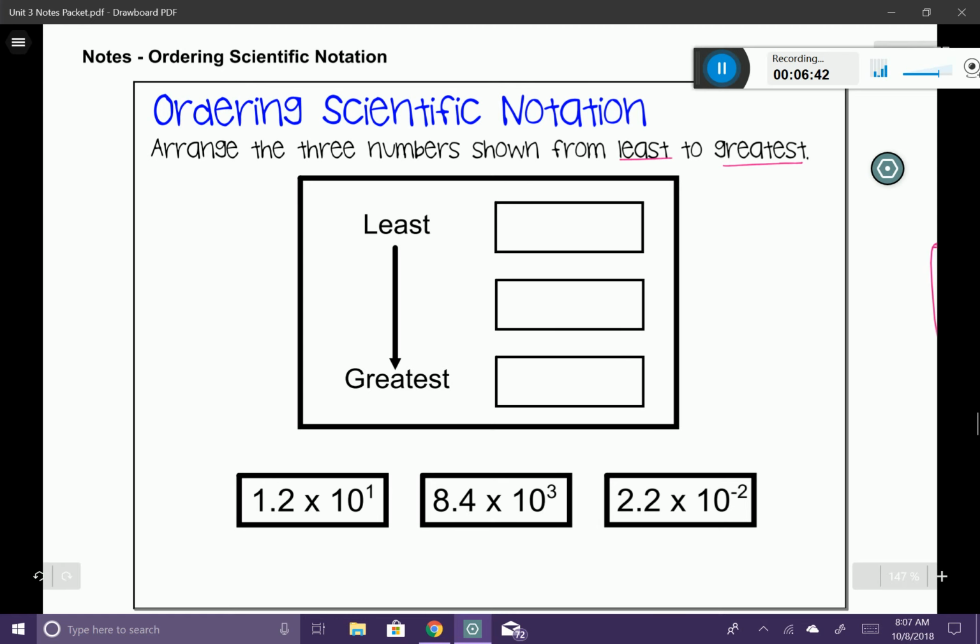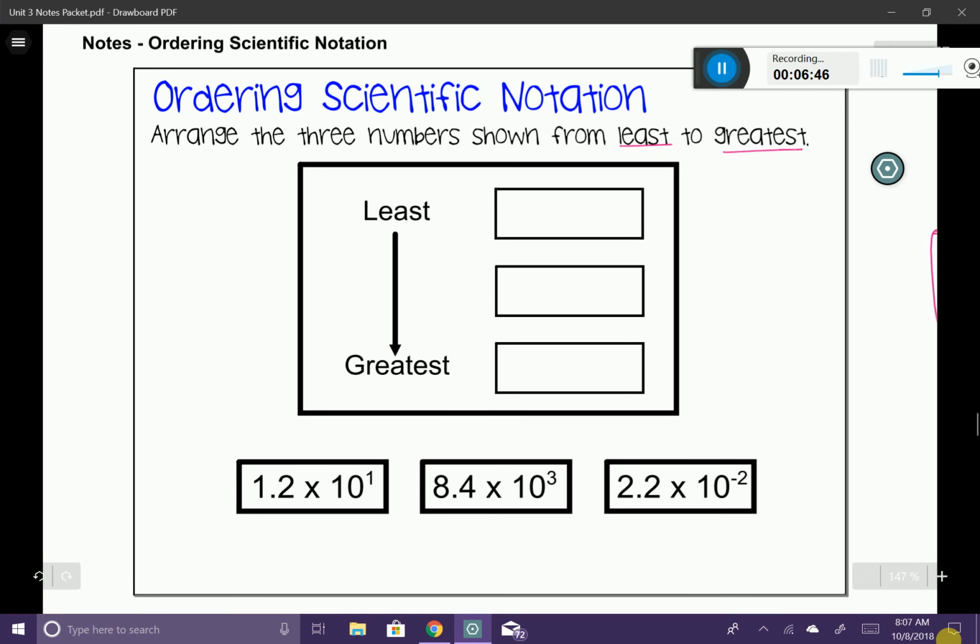All right, here we go. Let's go ahead and just do that little trick. Let's just look at the exponents. I have a 1, I have a 3, and I have a negative 2. Notice how all 3 of these exponents are different numbers. And I can actually order these numbers using those exponents.